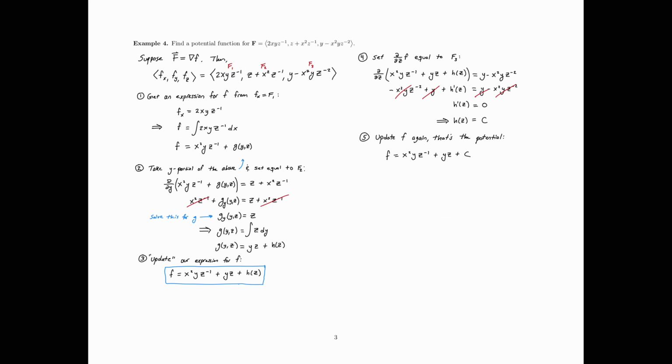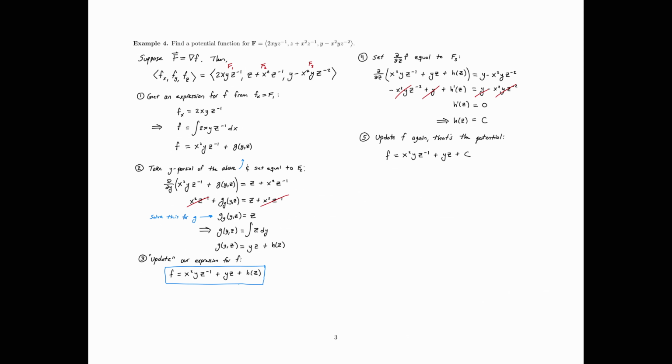But remember, this right here is a general expression for all possible potential functions of the given vector field capital F. This problem, again, in the wording, all of the wordings are going to be find a potential.